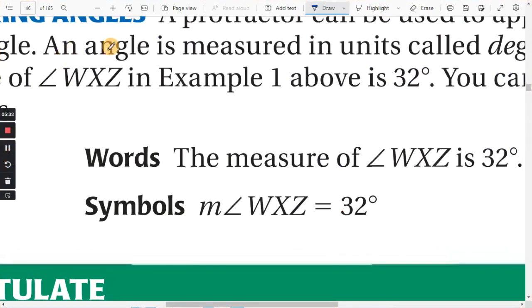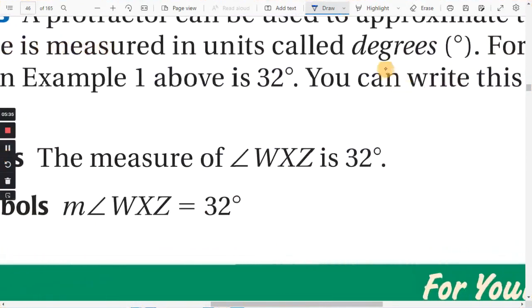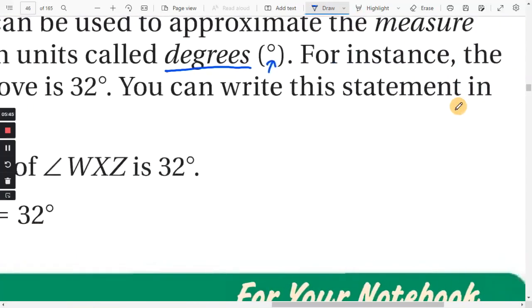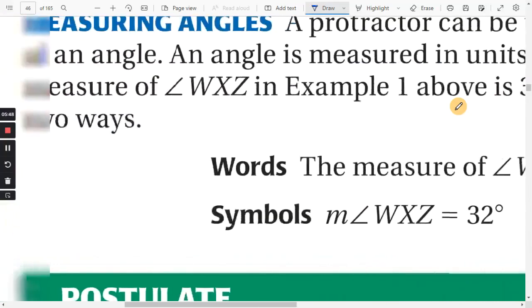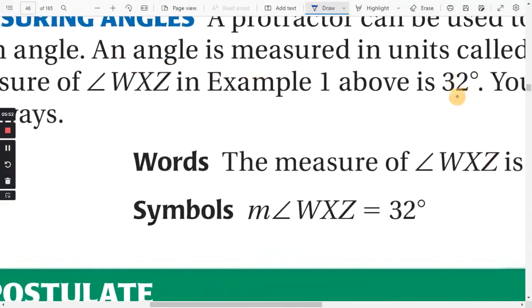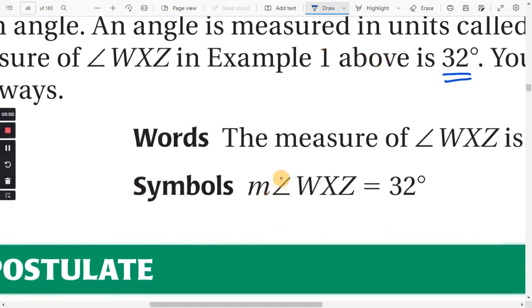All right, so an angle is measured in units called degrees. And this little circle symbol is the symbol for degrees. It says, for instance, the measure of angle WXZ in example 1 above is 32 degrees. So if you wanted to write that in mathematical terms, you use this letter M. And the letter M just means measure of.